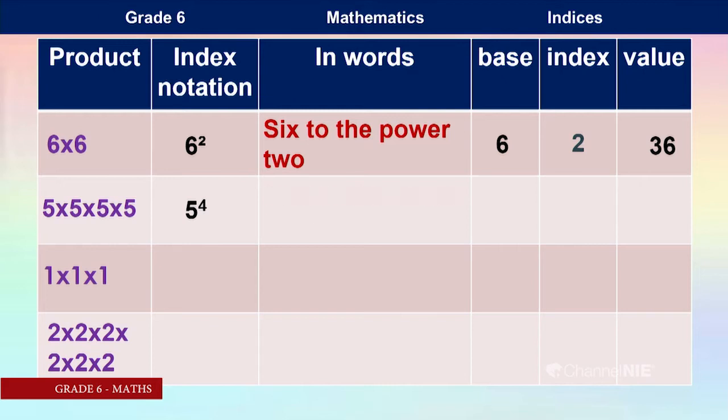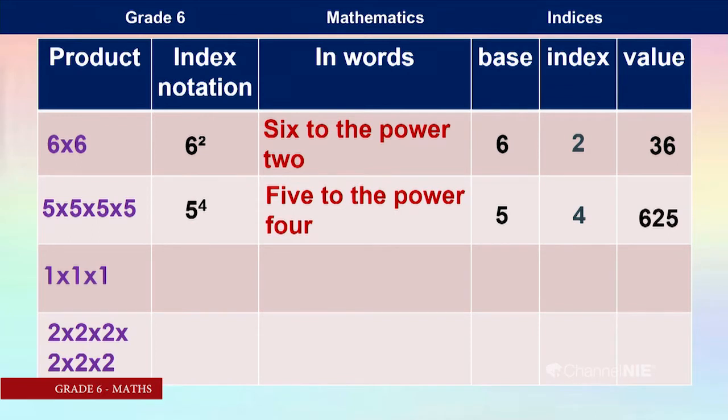Because you can see four 5s. Then 5 to the power 4 in words, base is 5 and index is 4. Then what is the value here? 5 into 5 is 25. 25 into 5 is 125. 125 you have to multiply again by 5, that is 625.